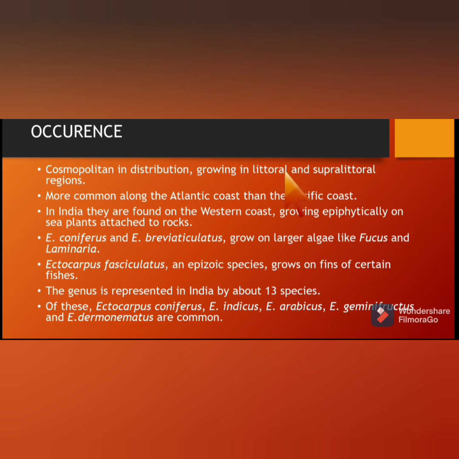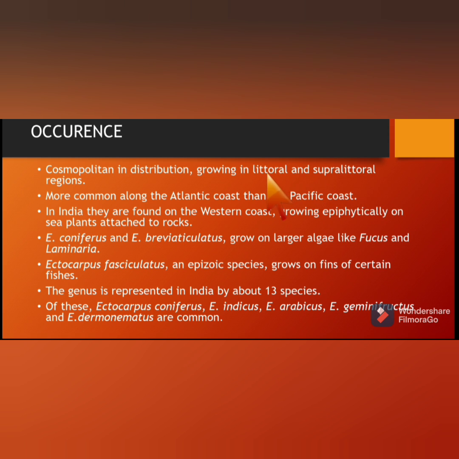Now, littorals are those regions along the seashore, whereas supralittorals are those regions on the coastlines and also on the estuaries, that is, those regions that are regularly splashed but are not submerged by the ocean water.